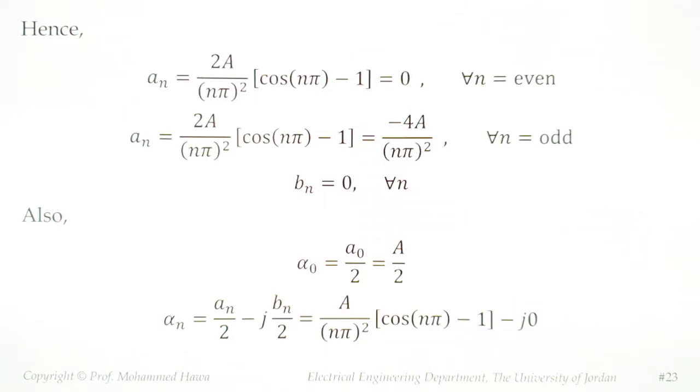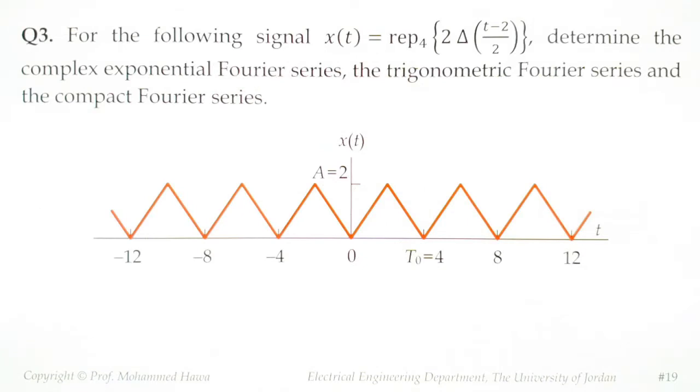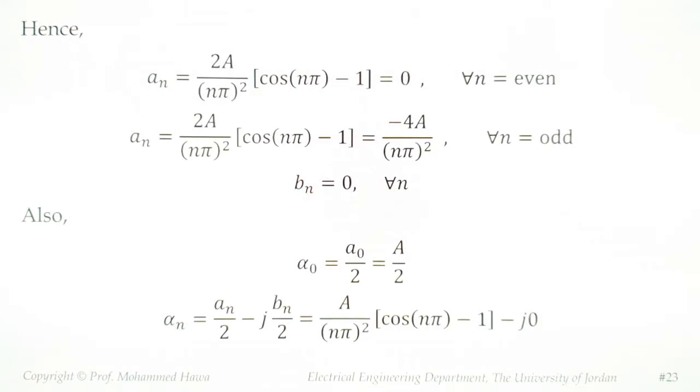This is the result for the trigonometric Fourier series expansion for our signal x of t that we considered in this example. And since I managed to calculate the trigonometric Fourier series, I can easily go to the other forms. I don't have to do the integration again. For example, alpha naught is a naught over 2. We know that a naught is a, so alpha naught, the DC value or the average value, is the amplitude a divided by 2.